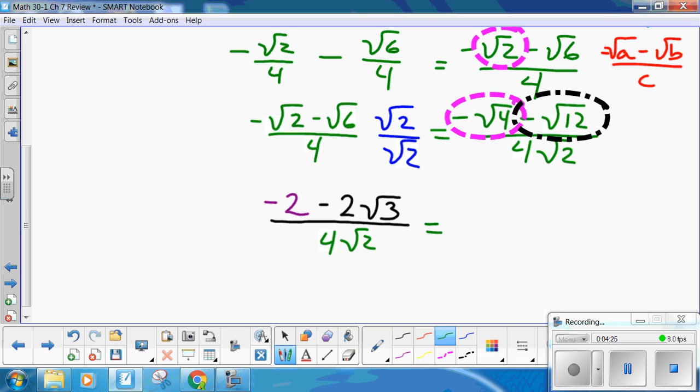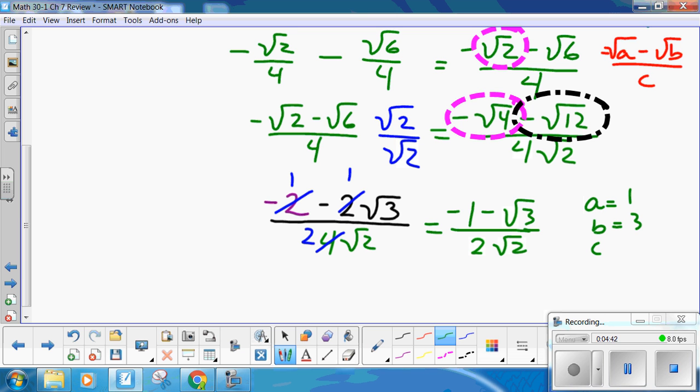So you can factor out, divide each side by 2, and you're down to minus 1 minus root 3 over 2 root 2. A equals 1, B equals 3, C equals 2, D equals 2. Evil and confusing, but doable.